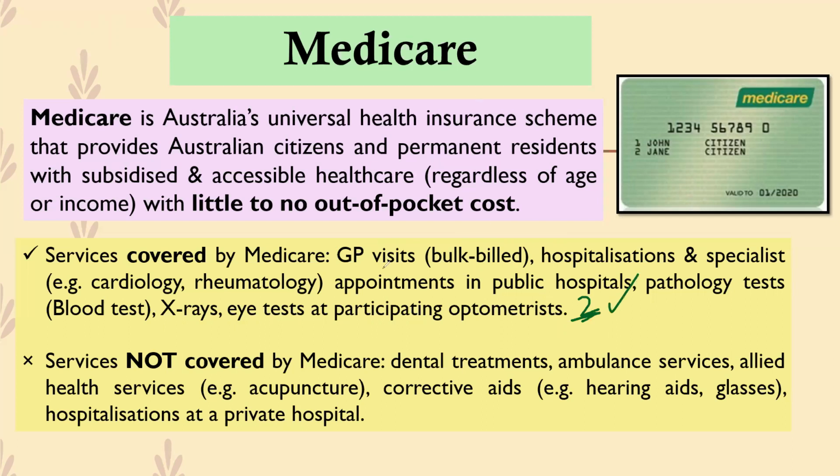Let's talk about now the services that are not covered. Dental treatments. If you've ever had to go to the dentist to get a filling done, usually your parents will be paying out of pocket there, okay? However, there is a Medicare plan.